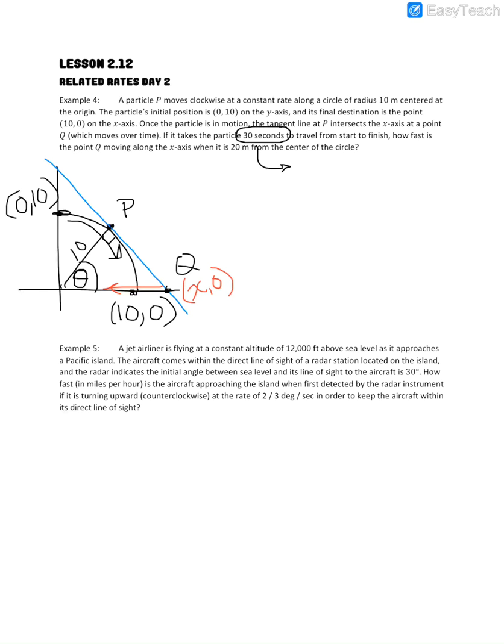So the fact that it takes this particle 30 seconds to go from 0, 10 to 10, 0 is actually our rate of change for theta. It's the change in theta over time. Okay, and to go from 0, 10 to 10, 0, that's pi over 2. So it takes 30 seconds or half a minute for this to go from pi over 2 down to 0.